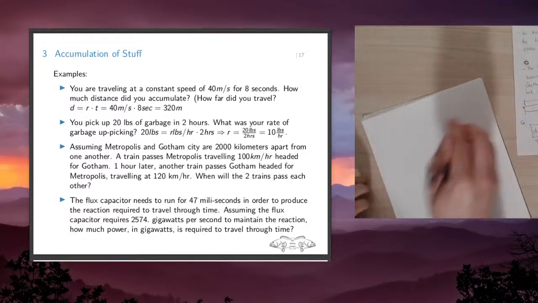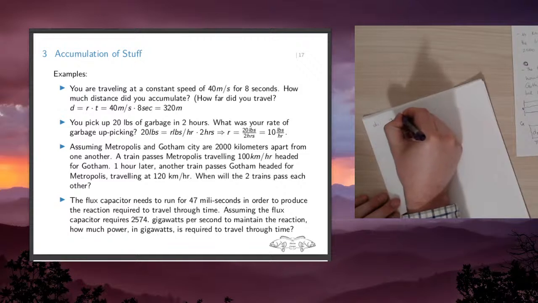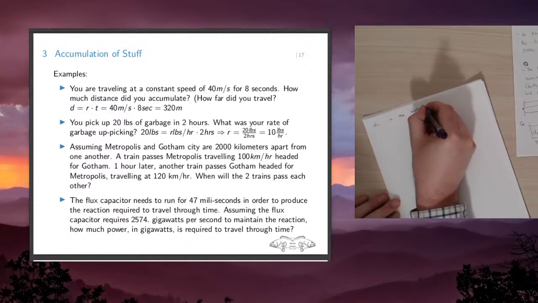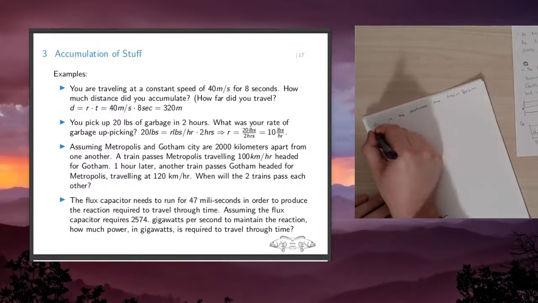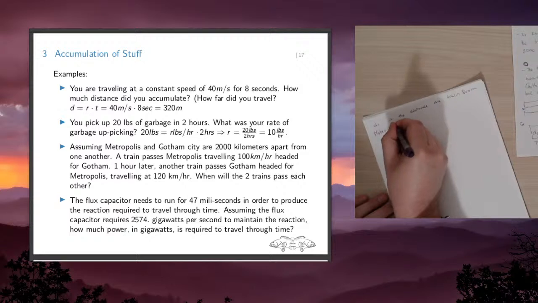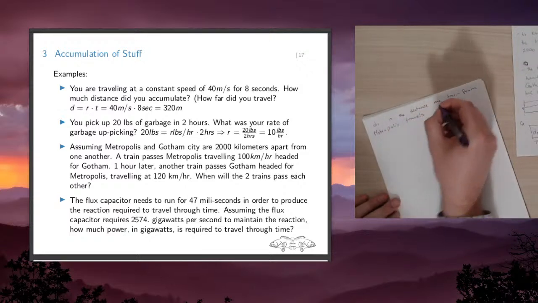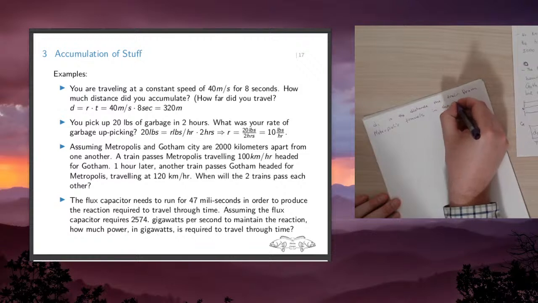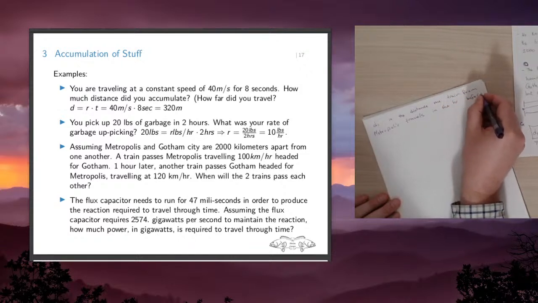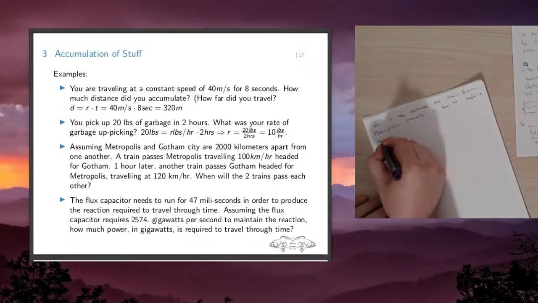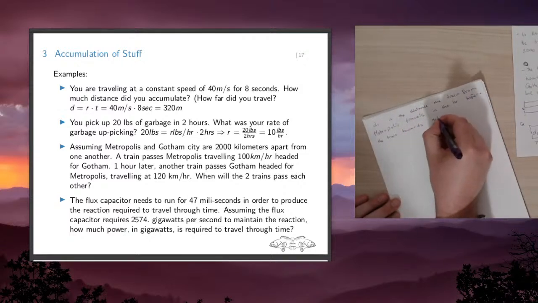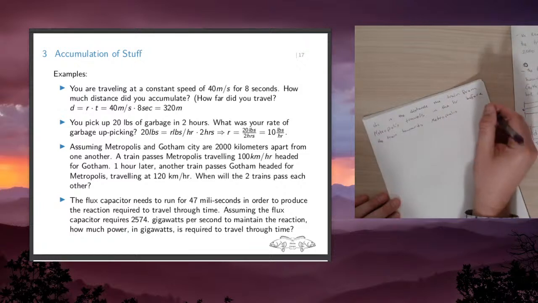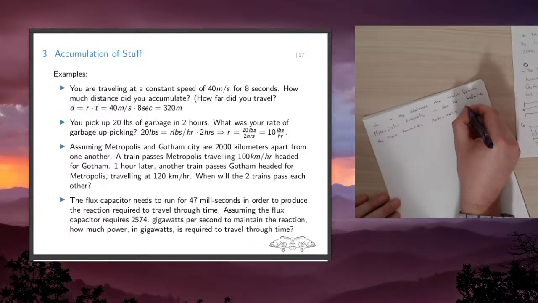So D1 is the distance the train from Metropolis travels in the hour before the train from Gotham, well, let's say before the train towards Metropolis departs.